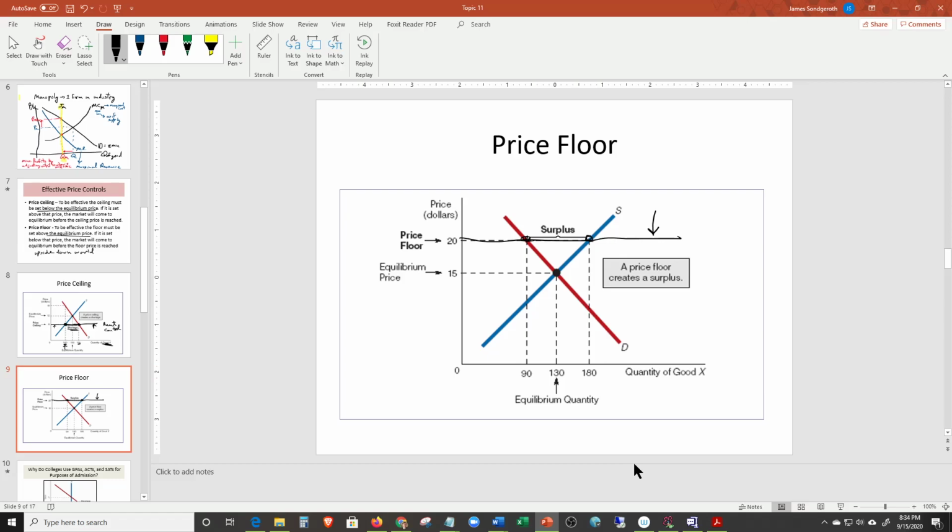So another very famous price floor is the minimum wage. And really, it's not set very far above equilibrium right now. They were talking for several years of trying to raise it. I believe it's around $7 or $8 in Texas.